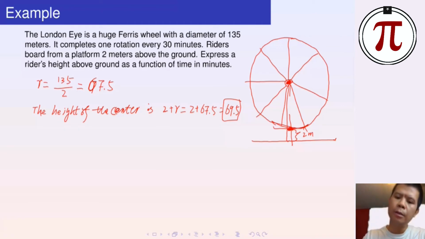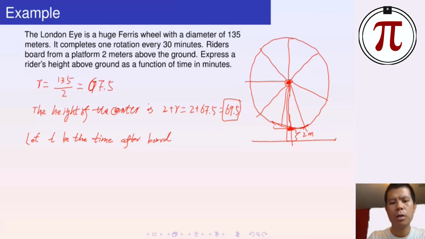And one rotation, let's say that if we let t be the time after boarding, let's consider this one. Let me make it clearer here.